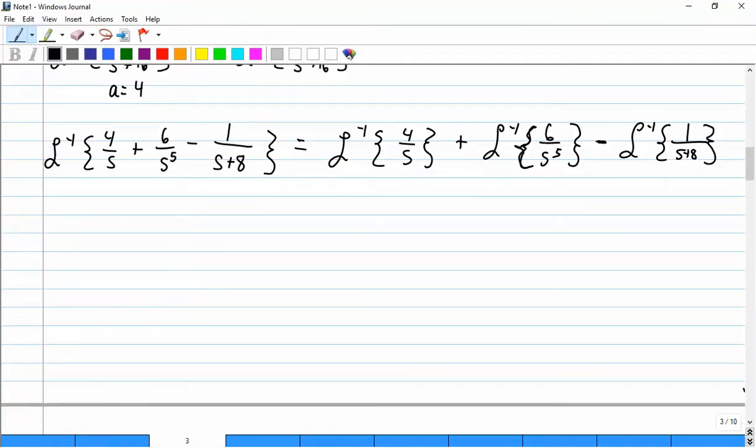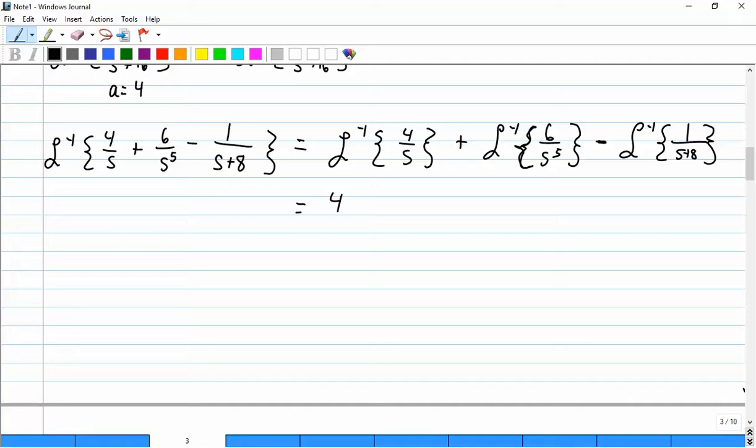Already got it, huh? Alright, so the inverse Laplace transform of 1 over s is what? 1. So that would be just 4. And then the inverse Laplace transform of 6 over s to the 5th, you have to think, okay, so n equals 4.